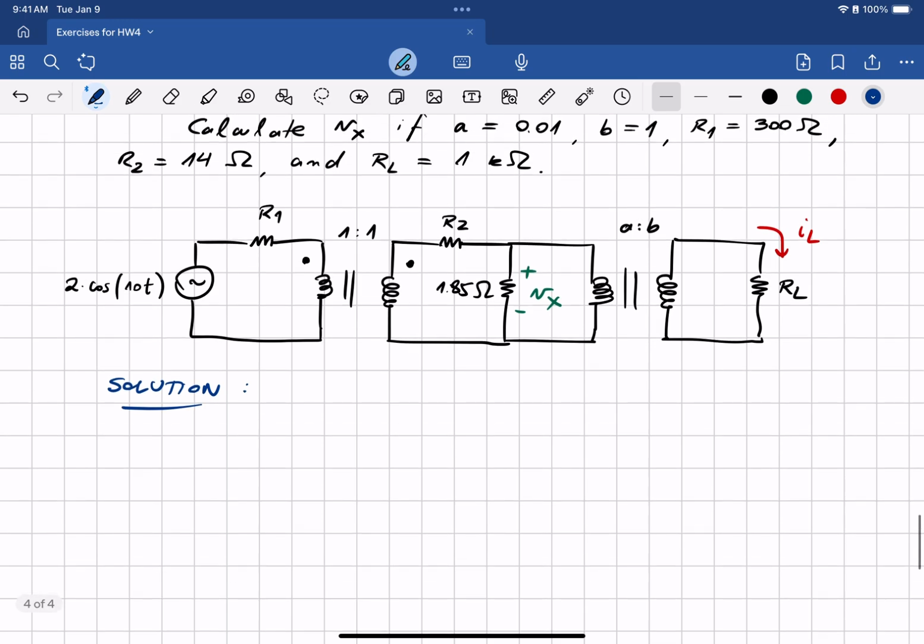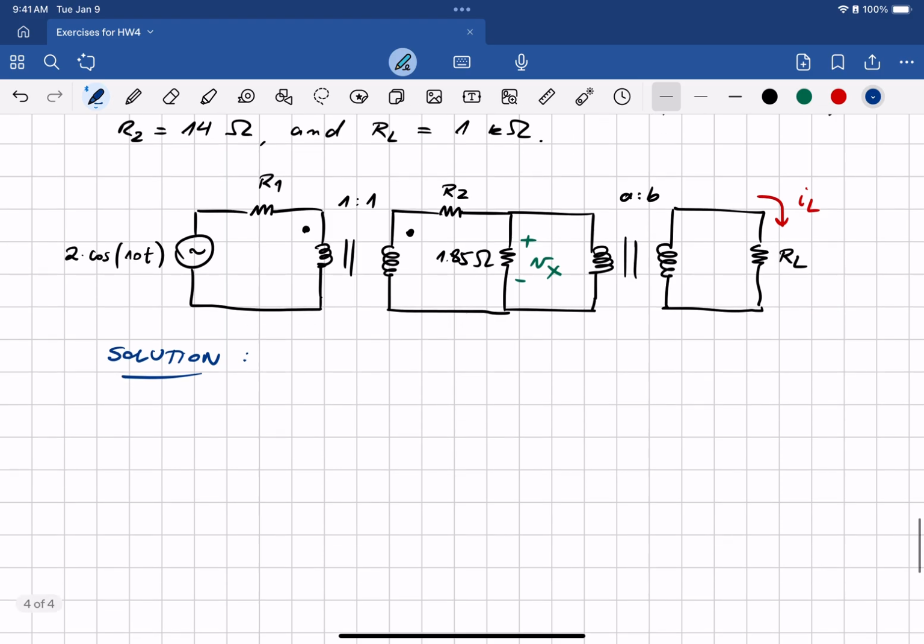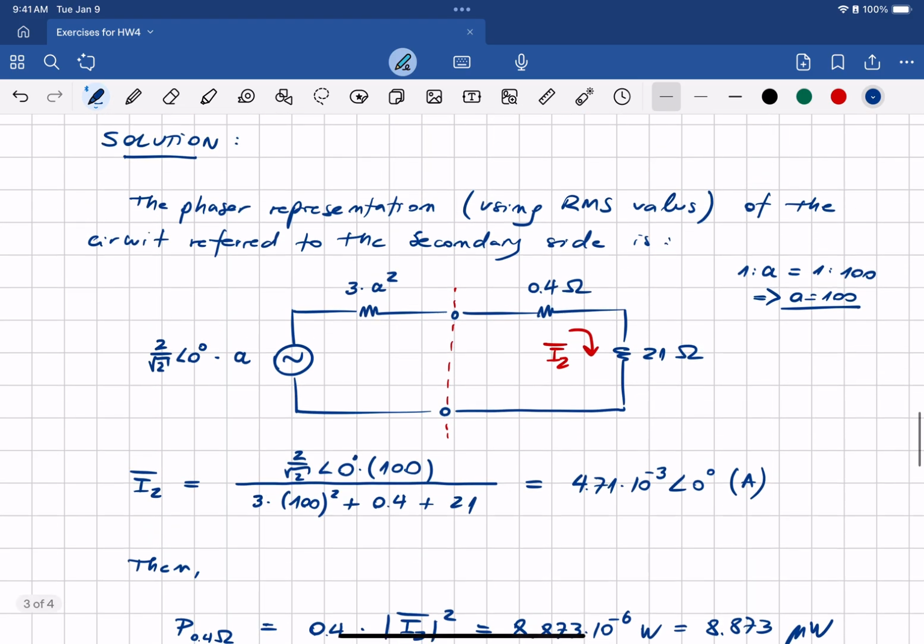A major advantage of using RMS values is that when you calculate power, it's only V times I conjugate. You don't have to worry about the 1/2 or adjust the calculations of power. So in this case, let's be specific.